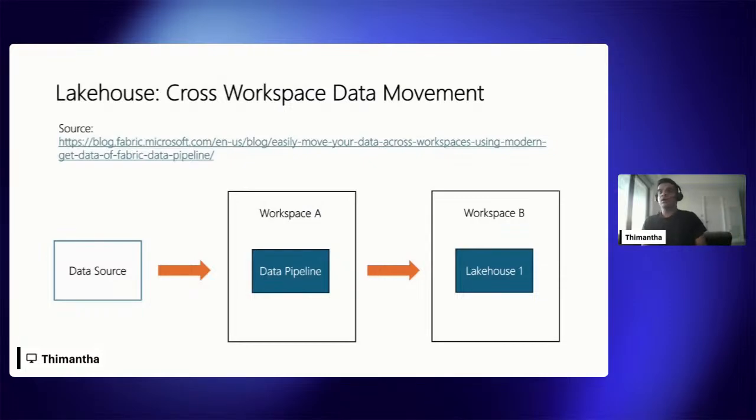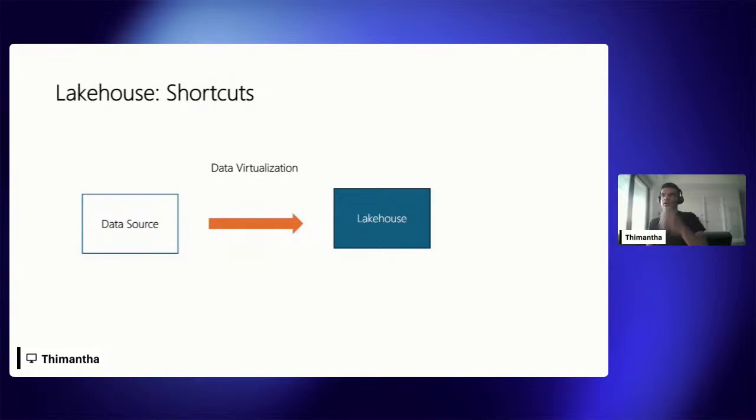That is that. And next up, what I'd like to show you is another feature that you have in these lakehouses, which is shortcuts, right? Shortcuts is simply a form of data virtualization. Shortcuts is primarily available for data storage options like Azure Data Lake Storage, and Amazon S3 is another option.